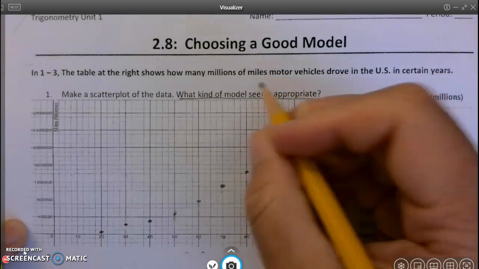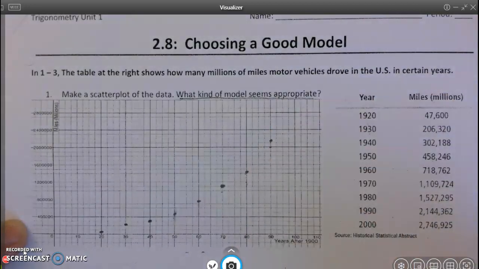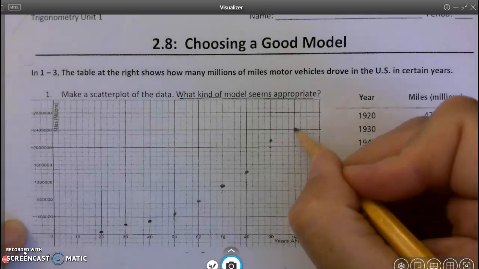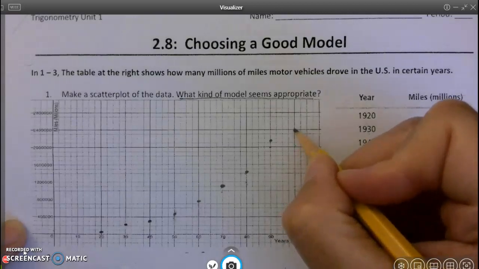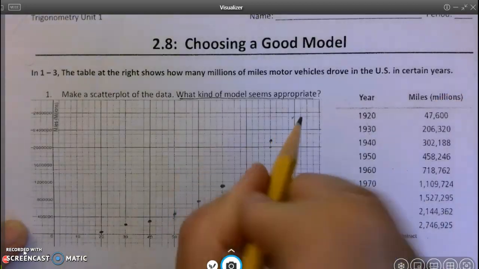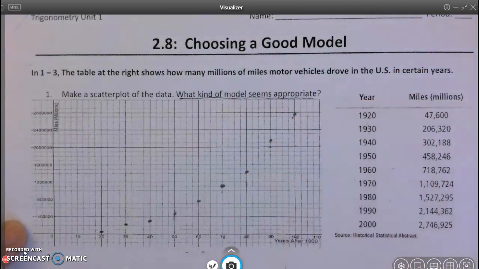So 144 would be about halfway. So right about there. And then for the 2000, which would be 100 years after, I'm going to have the 2 million. Let's see, that would be 2,400,000. Let's see, 500, 600, there's the 700, and 46 would be about halfway. It's almost to 50. So that's my last one.